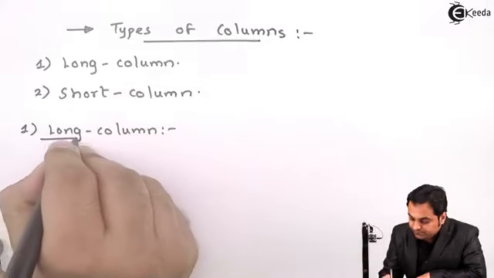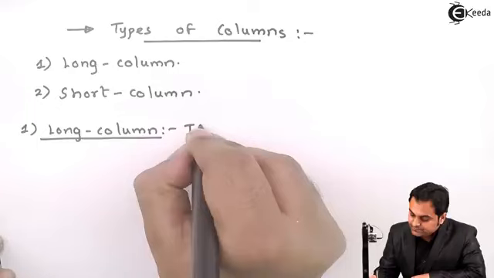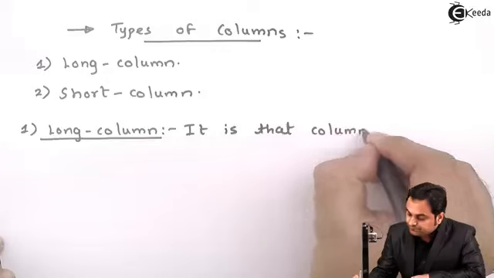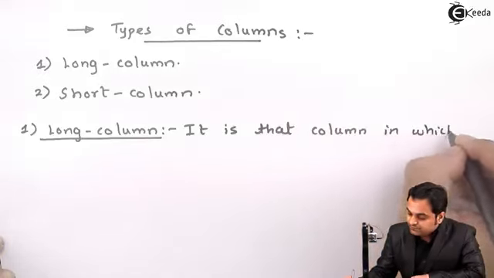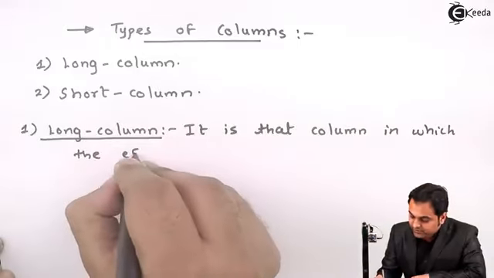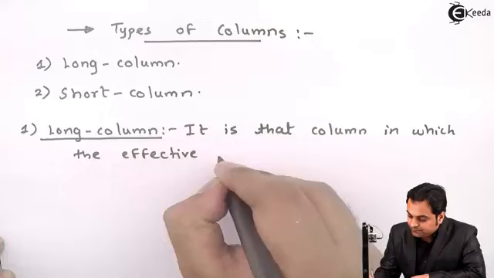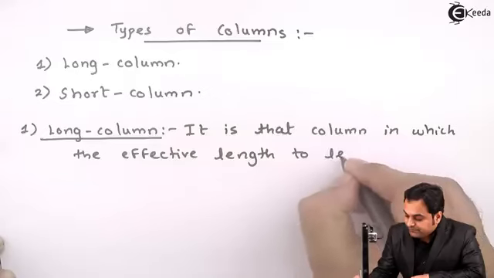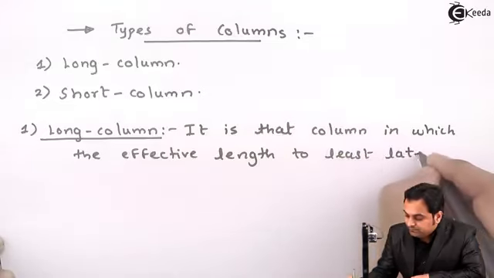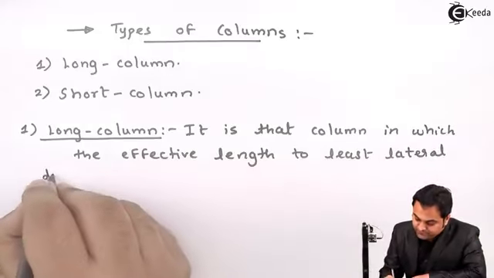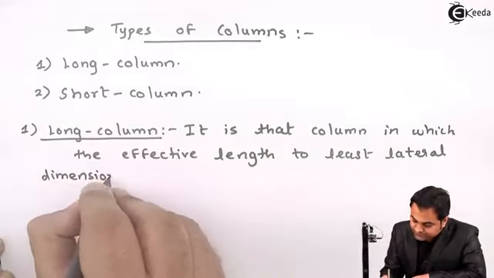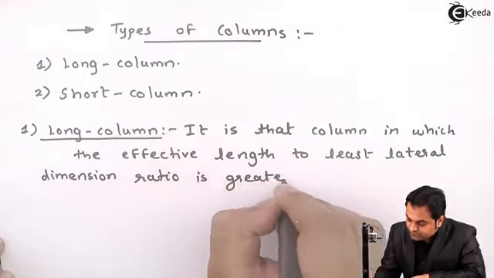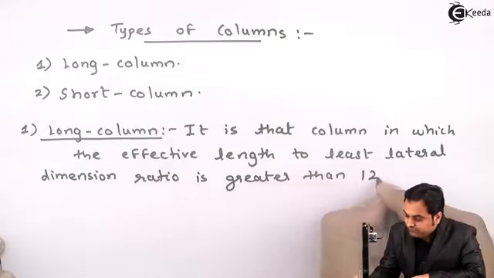Long column is that column in which the effective length to least lateral dimension ratio is greater than 12.